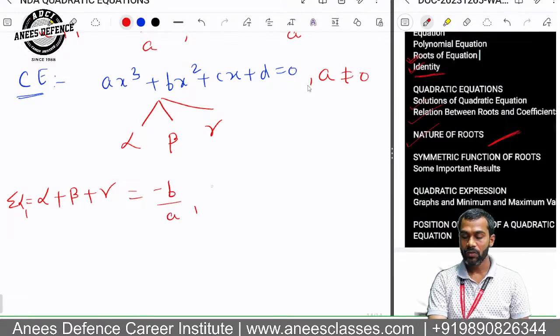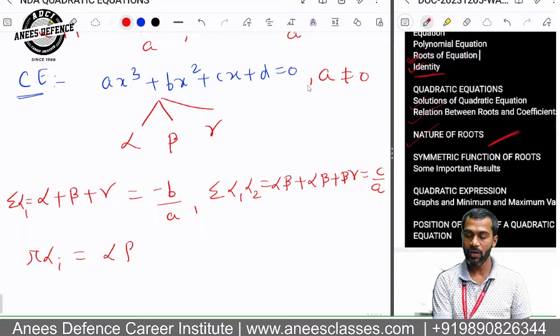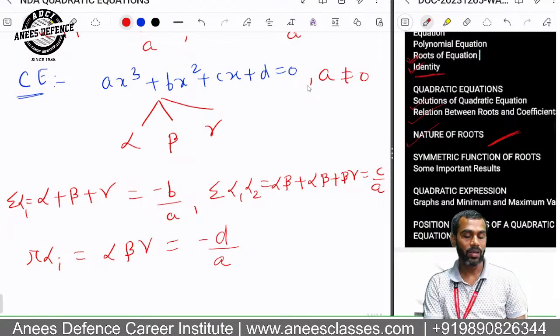What is summation alpha 1 alpha 2? That is alpha beta plus alpha gamma plus beta gamma, that is c by a. And pi alpha i is nothing but alpha beta gamma, minus d by a. I hope it is clear. Same for biquadratic. Yes or no?